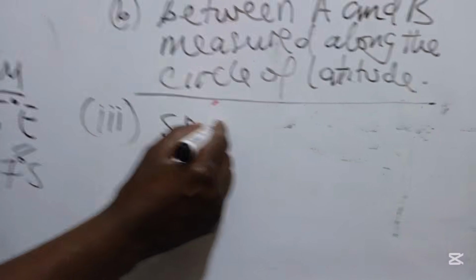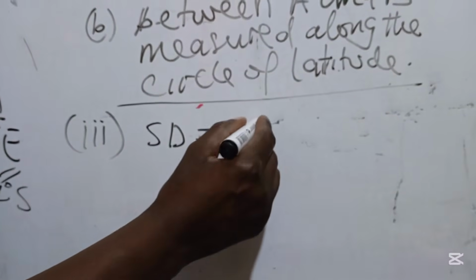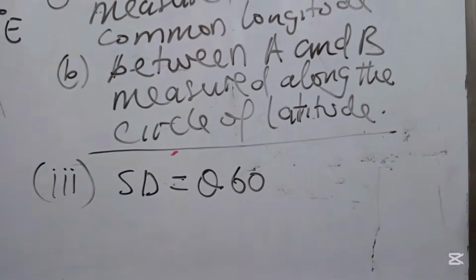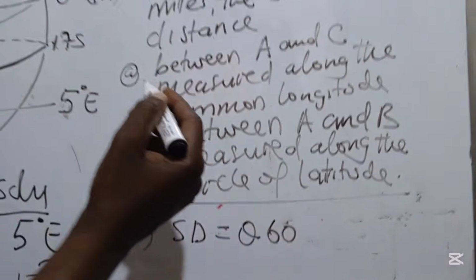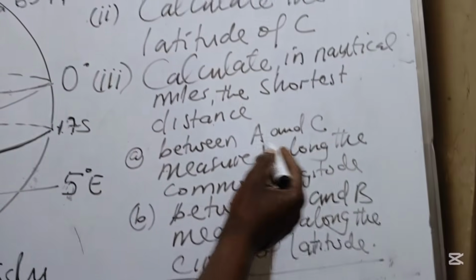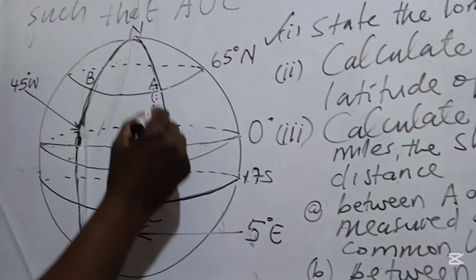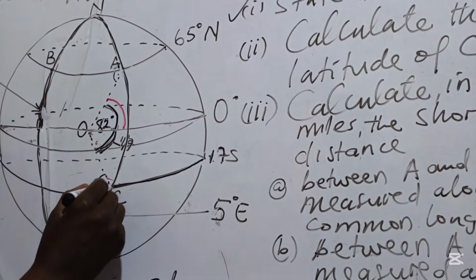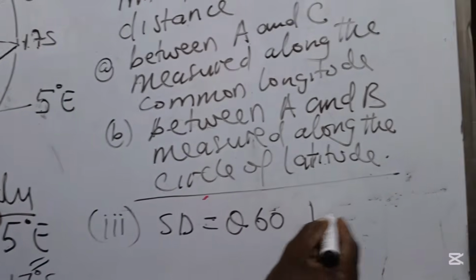it is along the longitude, which is the same as just saying theta times 60. Remember, we are dealing with nautical miles. Because they are saying find the shortest distance between A and C, and A and C is along the longitude. So I should find the theta.